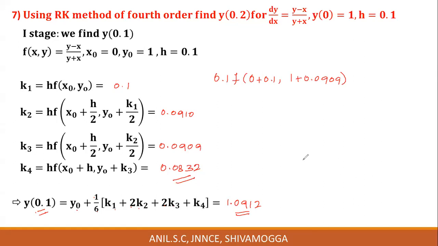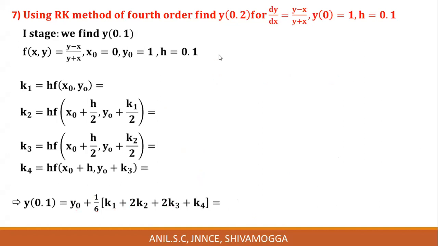Now for the second step, what we obtained in the first step is y of 0.1 is equal to 1.0912. For the second step, we take this 0.1 as x naught and 1.0912 as y naught and perform the second step.